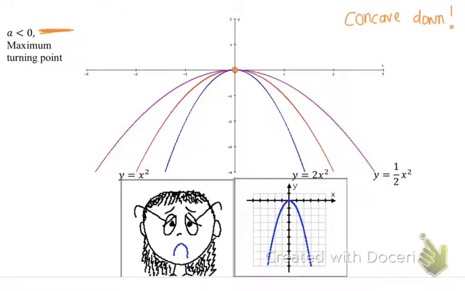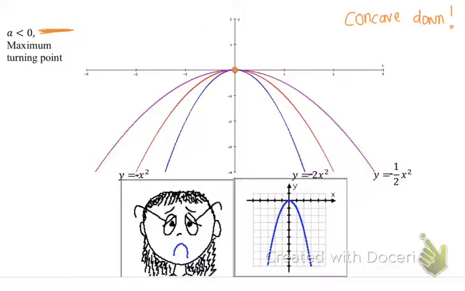Then let's look at these. There's a little mistake on the notes. It should be negative x squared and negative 2x squared and negative a half x squared, because they are concave down, they're all negative. Then if we ignore the negatives and we just look at the numbers, the higher the number, the steeper the graph will be, which means the arms will be closer to the y-axis.